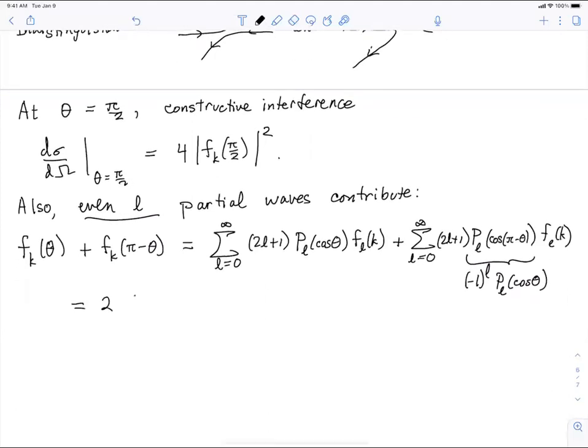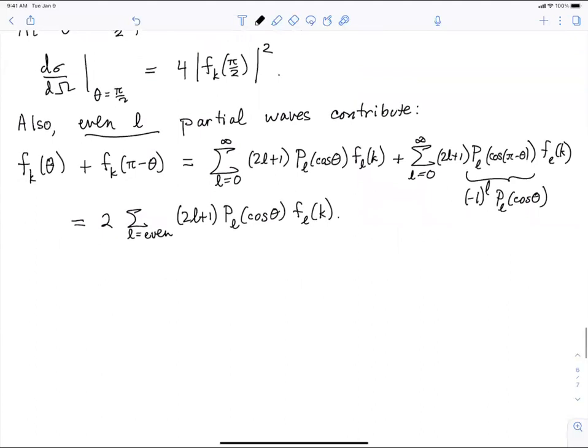So this is 2 times the sum over L even of our factor of 2L plus 1, our Legendre polynomial, and f_L of k. Okay, so you don't get odd angular momentum partial waves when you're scattering identical spin 0 bosons.